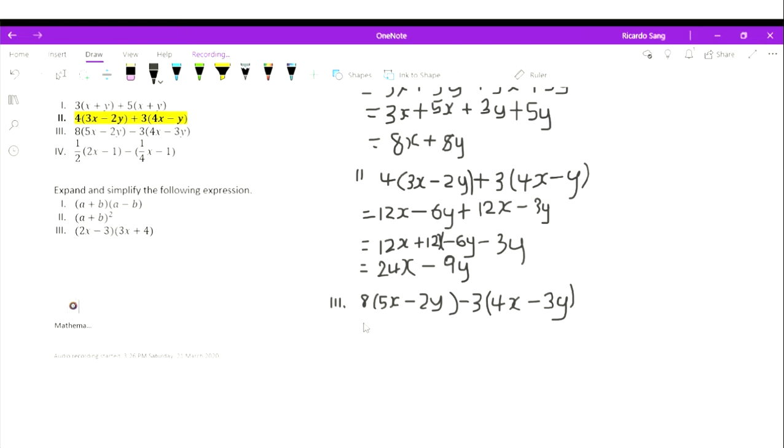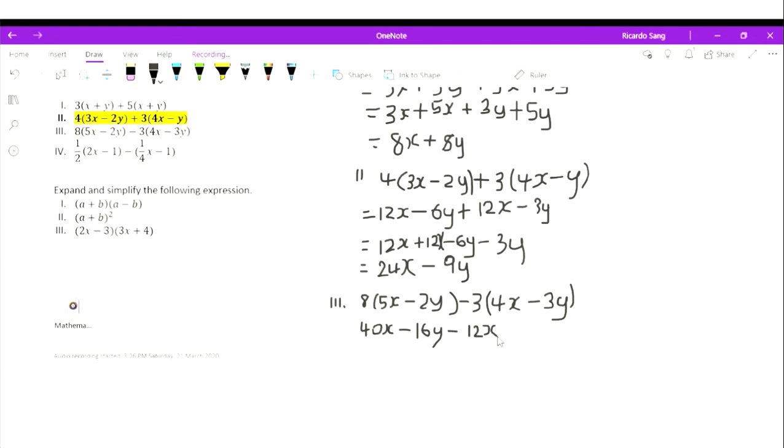remove the brackets. 5 8s are 40. That's 40x. 2 8s are 16. That's minus 16y. 3 4s are 12.